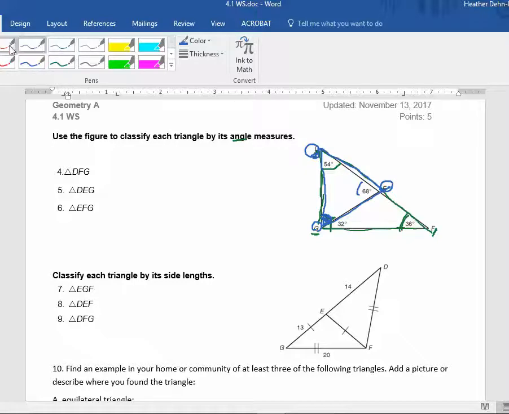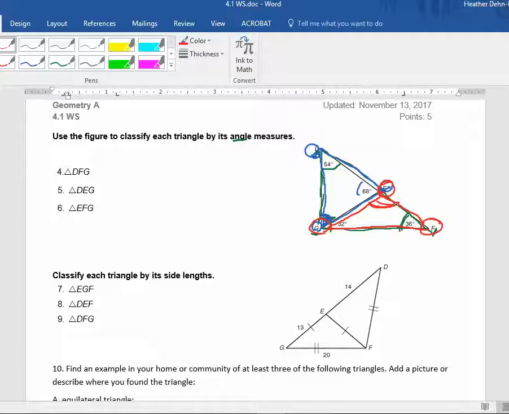And then the last one says EFG. Here's E, here's F, and here's G, so that's referring to this one down here. Now in order to find this missing angle, we might need to use the fact that there is 180 degrees in every triangle if you add your 3 angles together.